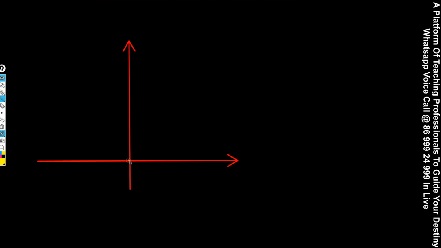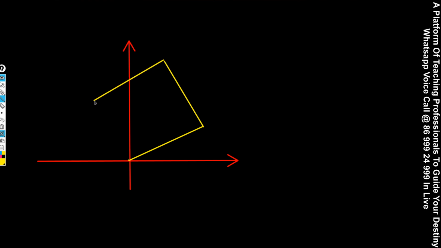One side of it is passing through the origin and making an angle alpha with the positive x-axis. And alpha also has limitations. It lies between 0 and pi by 4.